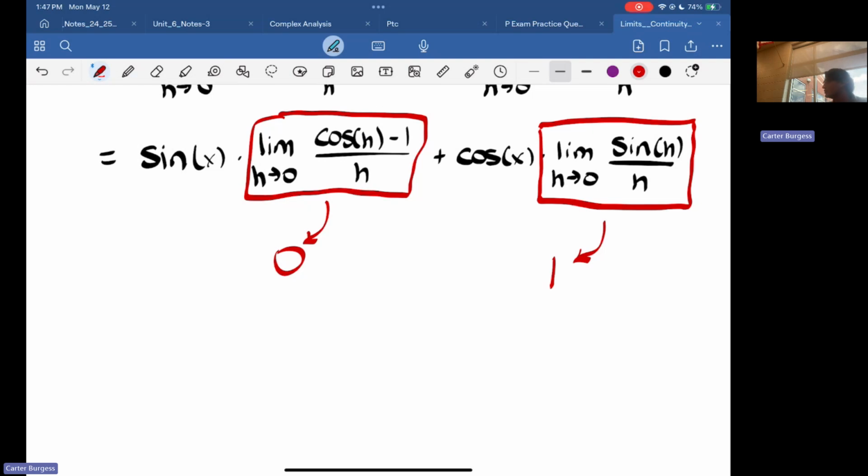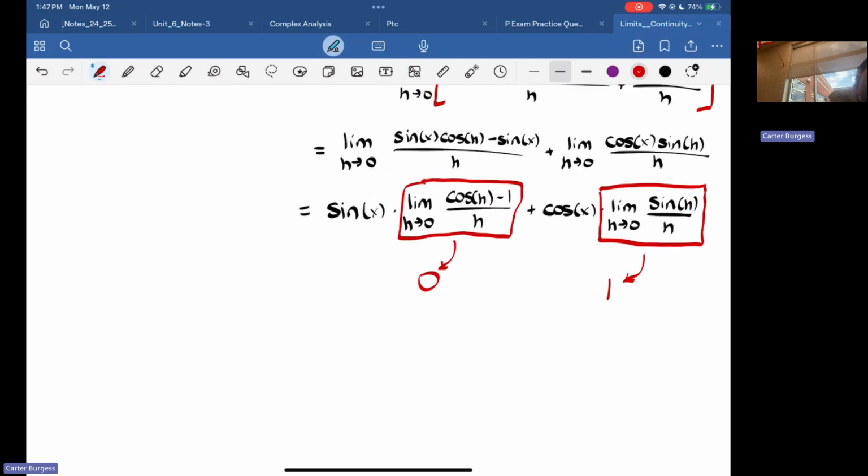If you weren't sure, you could do the calculator thing, but we've calculated both of those before. And so what am I left with for my derivative? All I am left with is cosine of x.